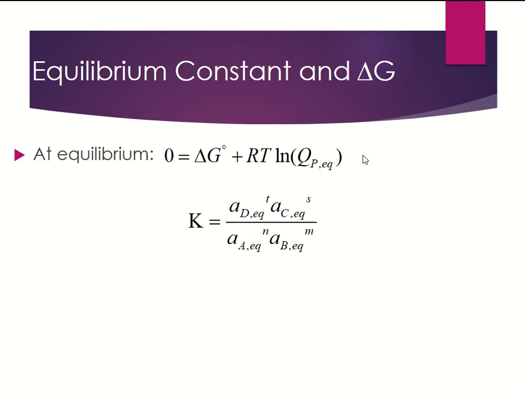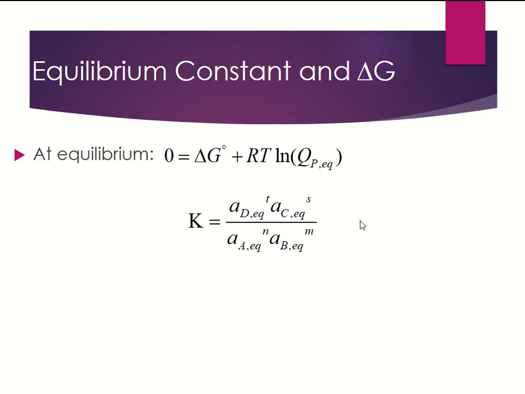All right, and so defining that particular reaction quotient with activities of products raised to coefficients divided by activities of reactants raised to coefficients, we define that as the equilibrium constant.